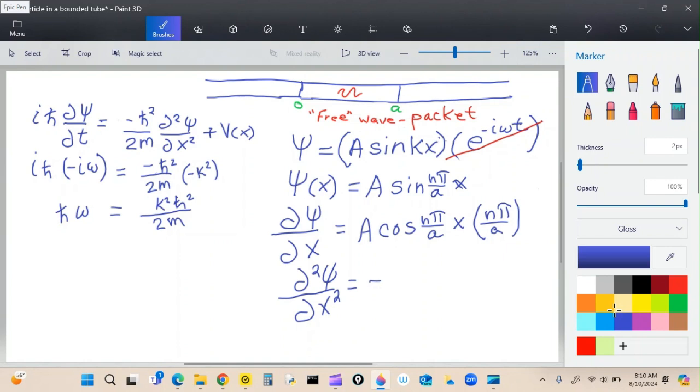So I'm going to put a negative a sine n pi over a x times one more of these multiplied, so that's going to be n squared pi squared over a squared.